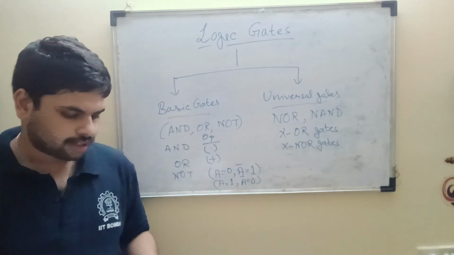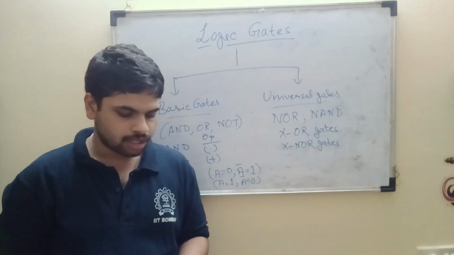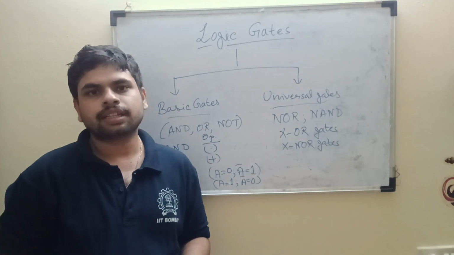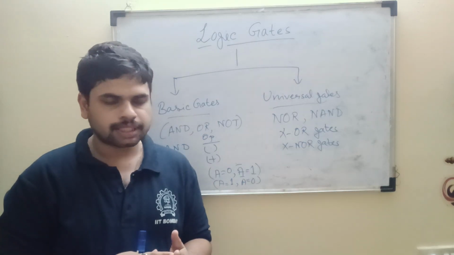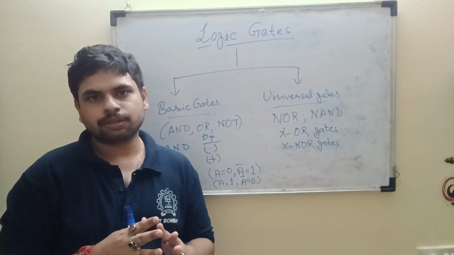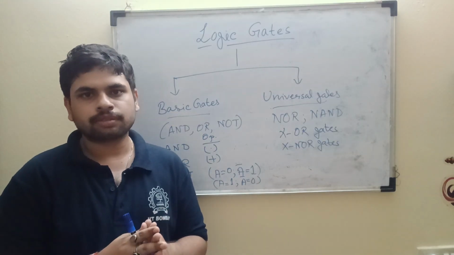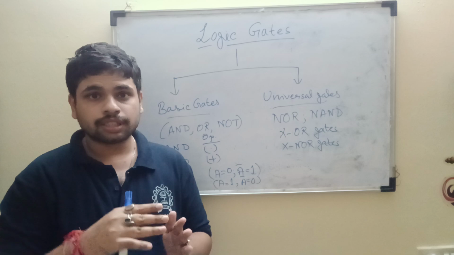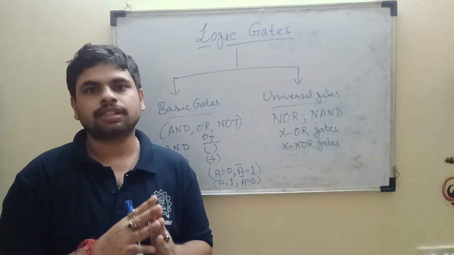The main thing about logic gates is their truth table. Truth table means how the logic gates are working. We implement a circuit using hardware like diodes and transistors, and then we give logical inputs and get logical outputs.